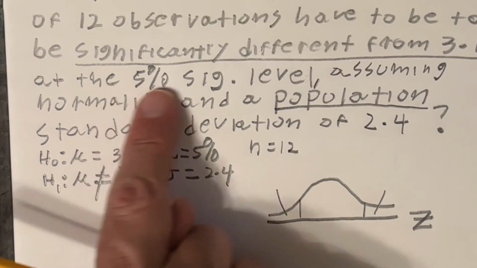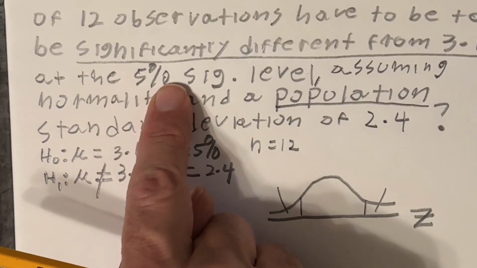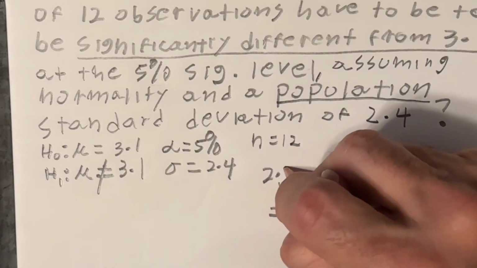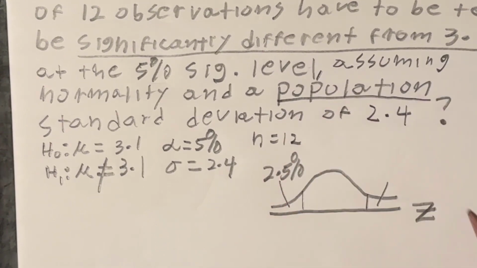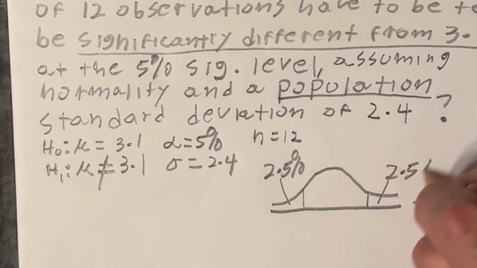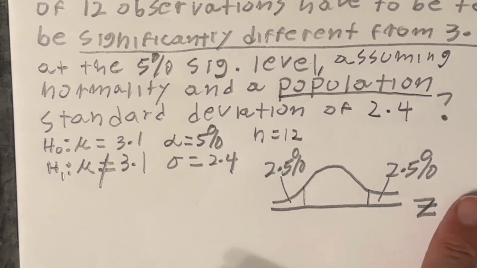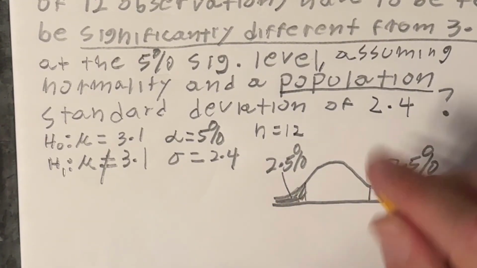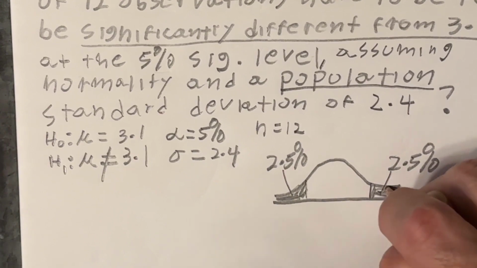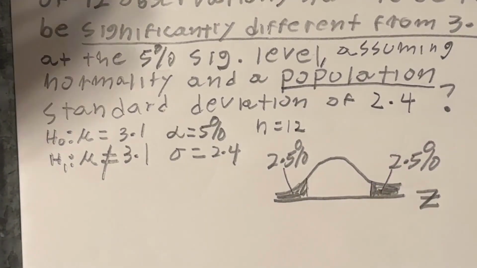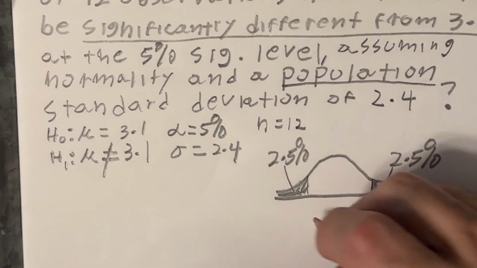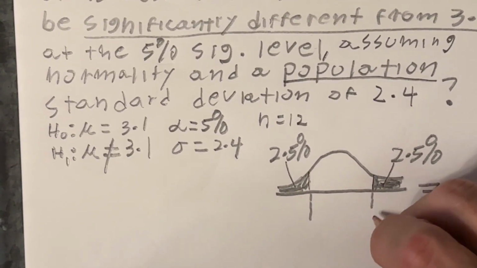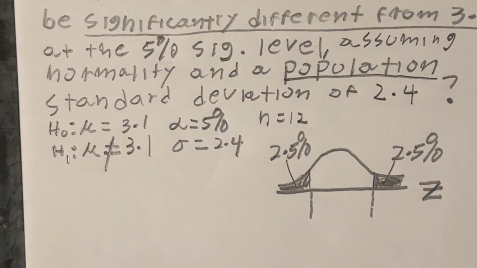So since this is 5%, 5 divided by 2, which is a half of 5, is 2.5%. So we have 2.5% on either side. And I like to shade this in because even if you screw up some of the algebra, this will speak to your professor. Now this region here, if you can draw this diagram, this is going to speak to your professor.